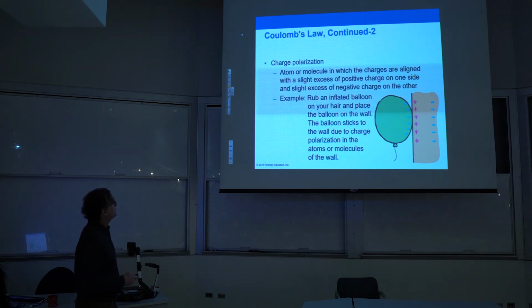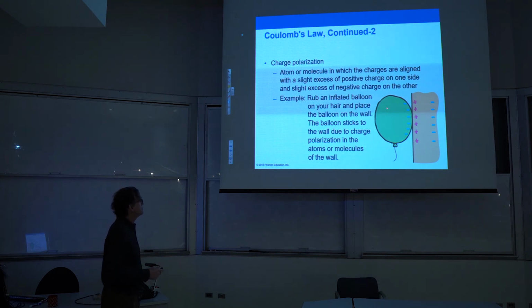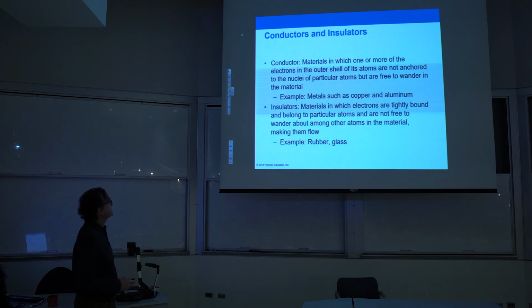That's the one scenario in which we are able to create what we call charge polarization. The charges in the wall have been polarized. Also, the negative charges in the balloon are attracted to the wall, and the positive ions that are left because of the repulsion of the electrons lead to that static attraction.